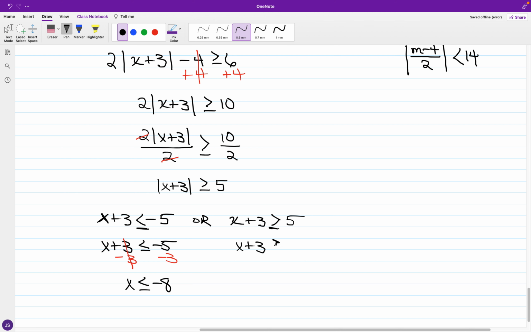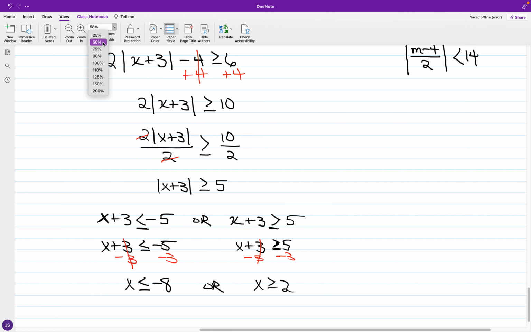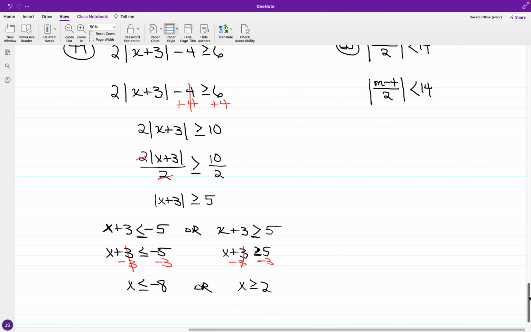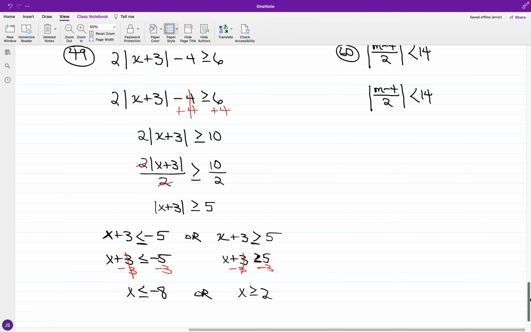As for x plus 3 is greater than or equal to 5, if I take 3 away from both sides again, this time we're going to have x is greater than or equal to 2. So in looking at what we have now, x is less than or equal to negative 8 or x is greater than or equal to 2.